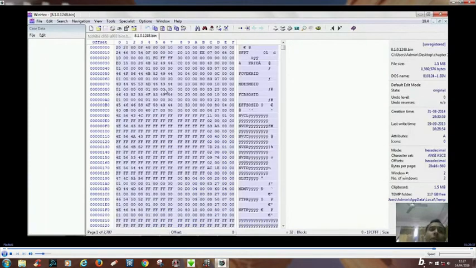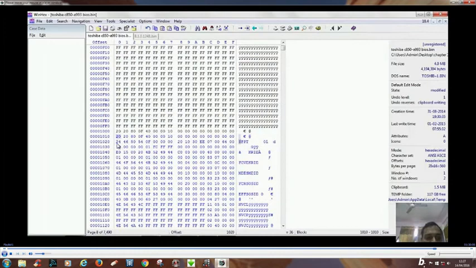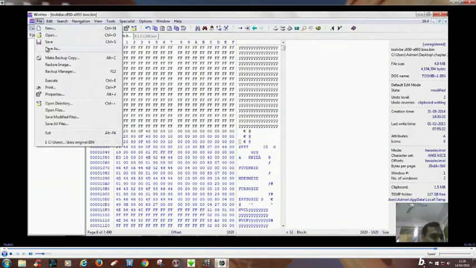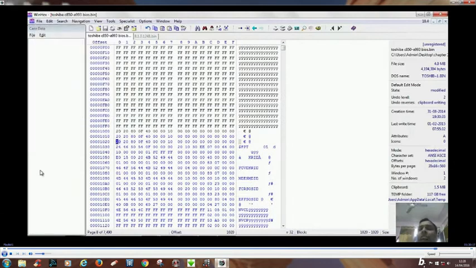I will open a right AMI region which I have made backups of. You press Control C, Control A, right click, beginning of block, and Control B, and the clipboard data would be written, and you can save it, and this will create the working BIOS file. This is one way of doing this, and I find this to be much easier than any other way.